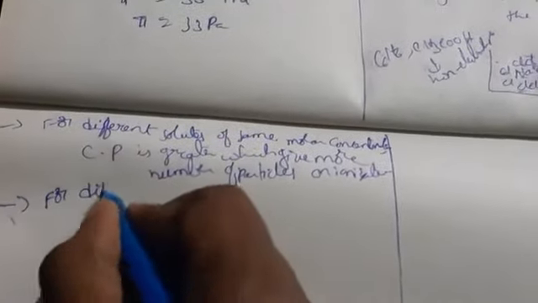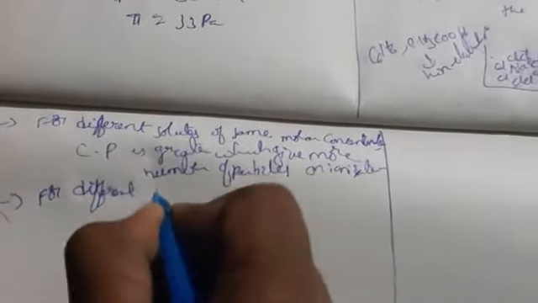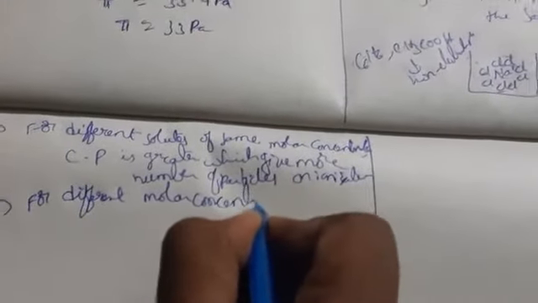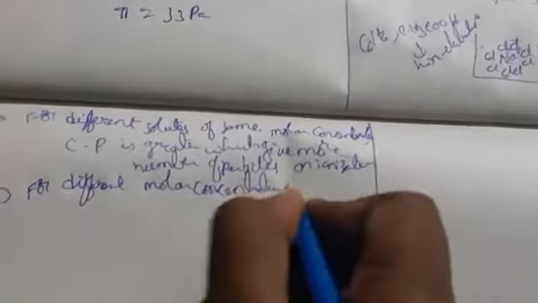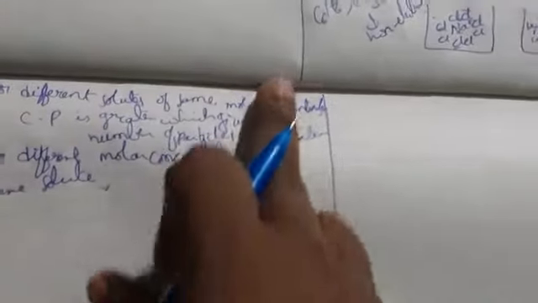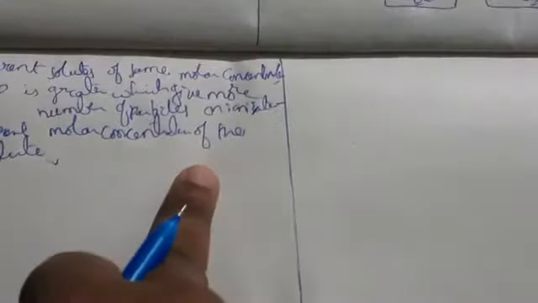Means for different molar concentration of the same solute, what happens? The colligative properties will show higher values, means it decreases with the number of particles.